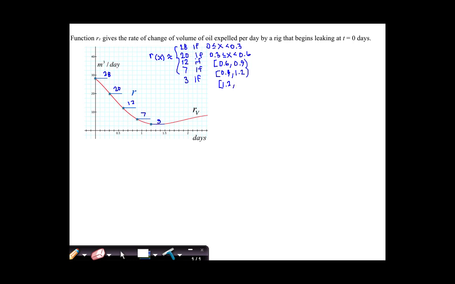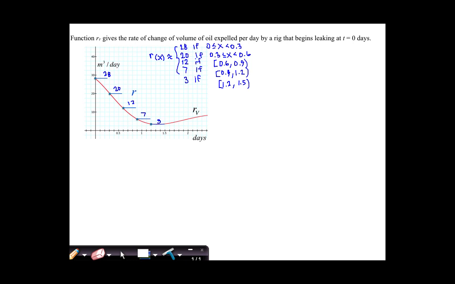And if I wanted to know, due to this oil spill, how much oil had spilled over the first 0.6 days, say, well, if it went 28 cubic meters per day for 0.3 of a day, and then 20 cubic meters per day for another 0.3 of a day, I just have multiple MDXs to work with.